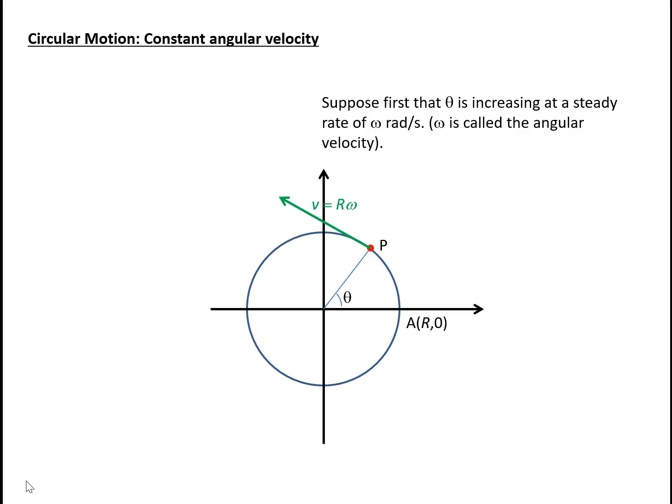And we have an acceleration acting towards the centre of the circle, whose magnitude is omega squared times the radius of the circle.